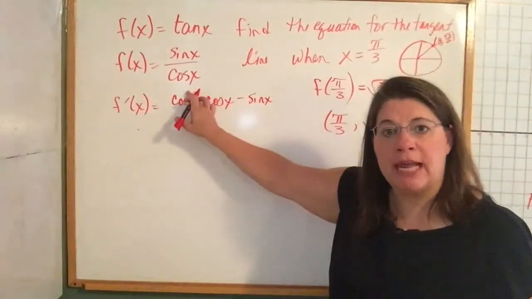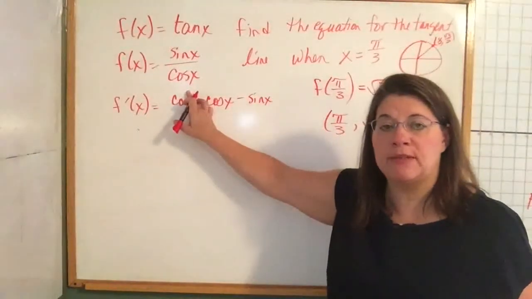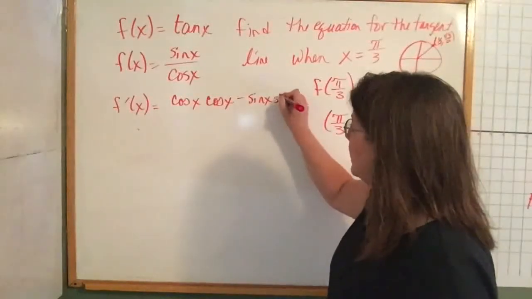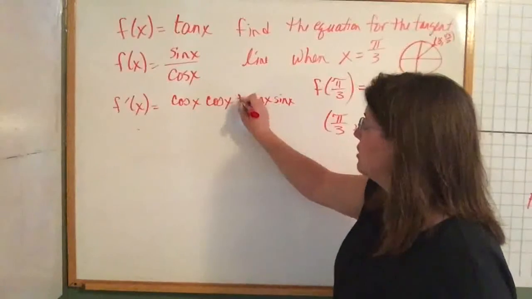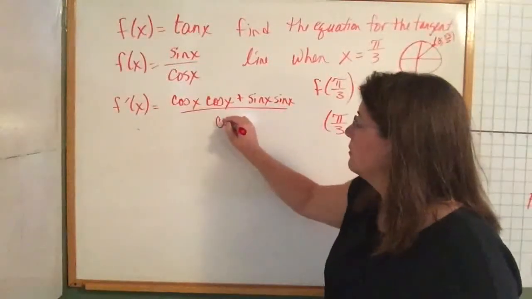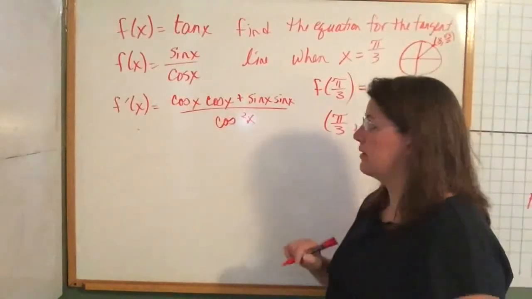The bottom is cosine x. Derivative of cosine x, remember, we said was negative sine x. So we're going to put a negative sine x. And if it's negative, that's going to change that to a plus. And then that's over the bottom squared, cosine squared x.